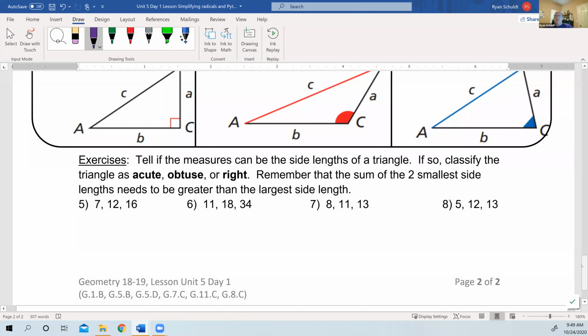Remember, the sum of the two smallest sides needs to be greater than the largest side. So if I look at number 5, 7 plus 12 gives you what? Because these are my two smallest. Gives us 19. How does that compare to 16? It's greater than. So can this be a triangle? Yes. That's our first step.